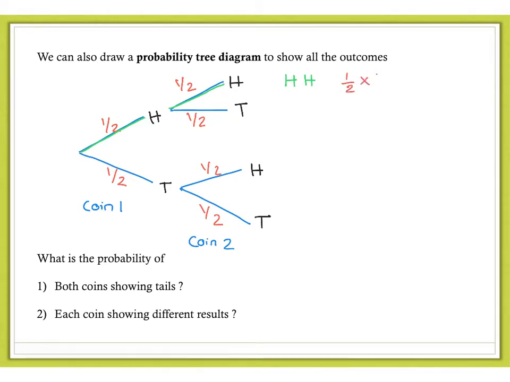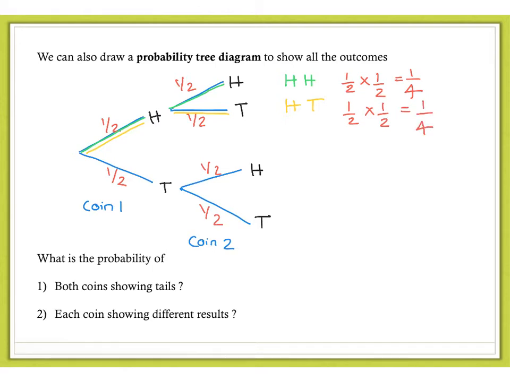So 1/2 multiplied by 1/2 gives me a probability of 1/4 of getting a head and a head. If I follow this path, that is the outcome where we get a head and then a tail. The probability again is 1/2 multiplied by 1/2, which is 1/4.